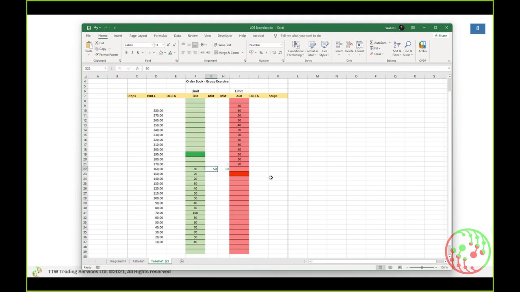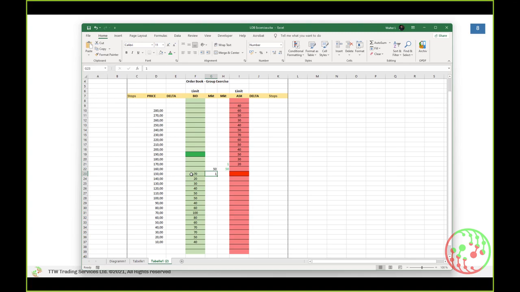And in reverse, why do prices fall? 50 must be sold to these bidders here on the limit side, and if this 50 is sold, then the same action happens to the downside. So what numbers do we need here? The next one who is selling makes the price come down from 160 to 150.